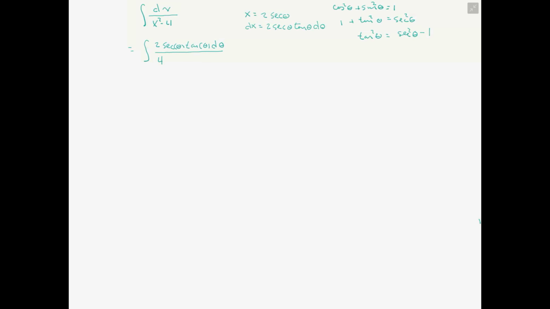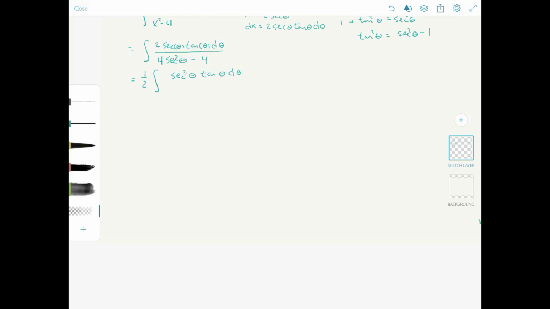And we then substitute that in, and we have 2 secant theta tan theta d theta over 4 secant squared theta minus 4. And then we can bring out the 2 and the 4, so we got 1/2.